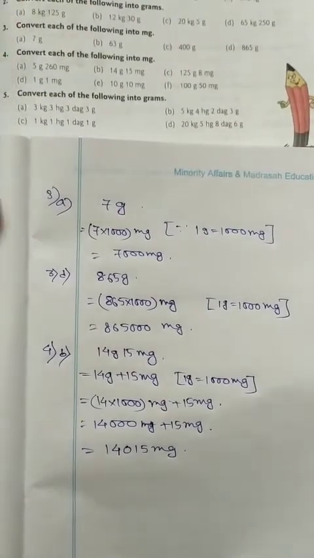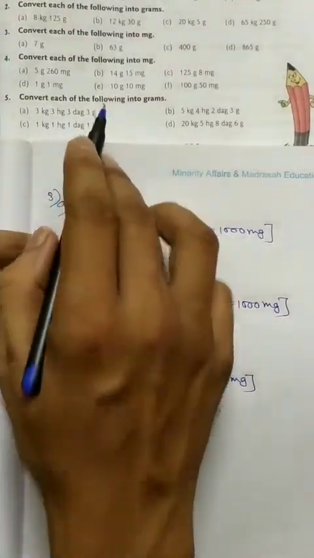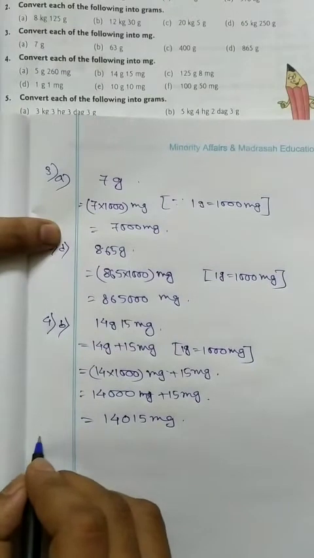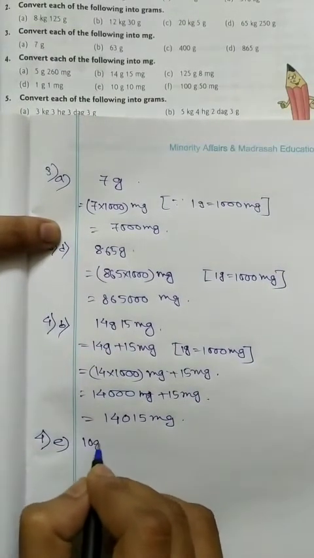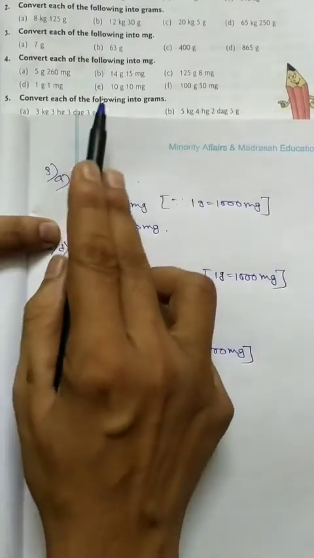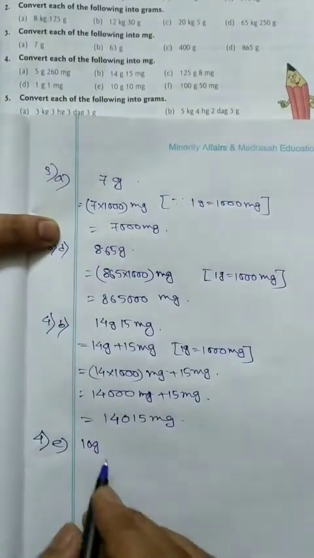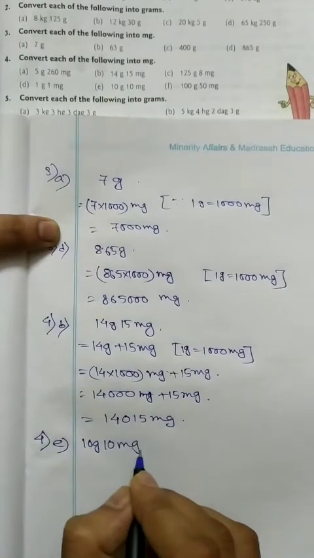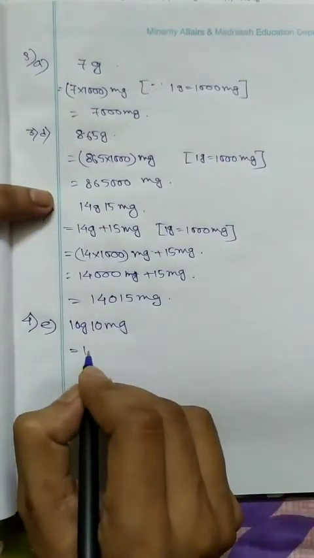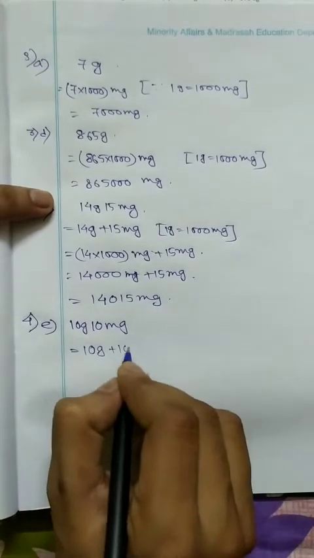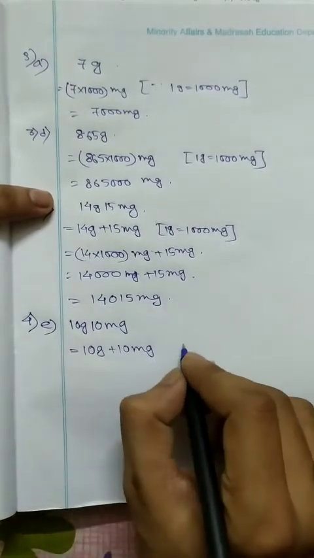Now next, question number 4E. 10 gram 10 milligram. So 10 gram plus 10 milligram.